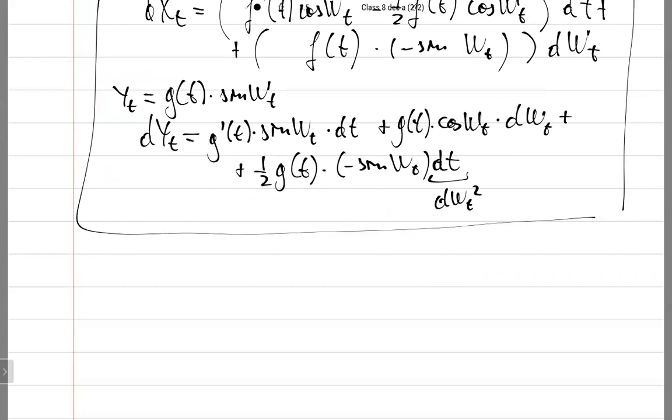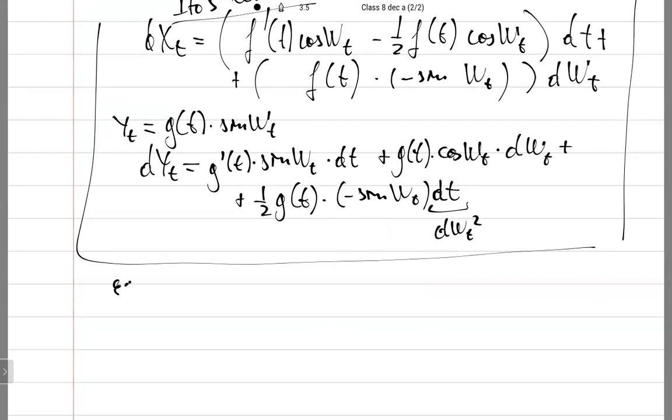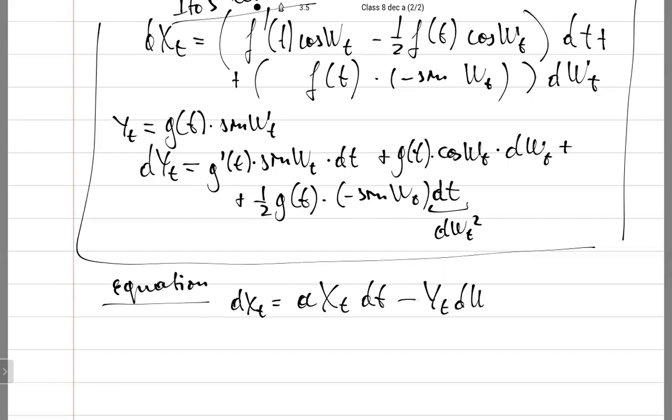And I have the original equation. The equation says that dx_t should be equal to a x_t dt minus y_t dW_t, and dy_t should be equal to a y_t dt plus x_t dW_t.